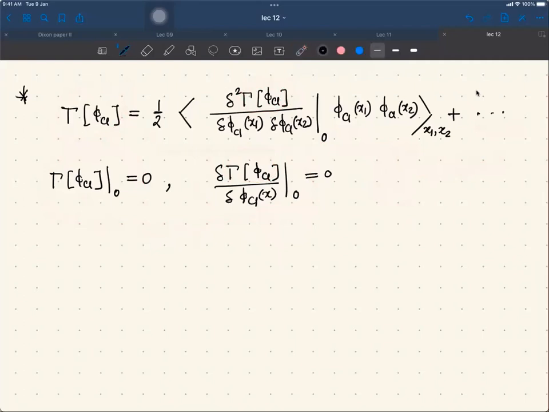Now, the question is: what are these higher order terms?